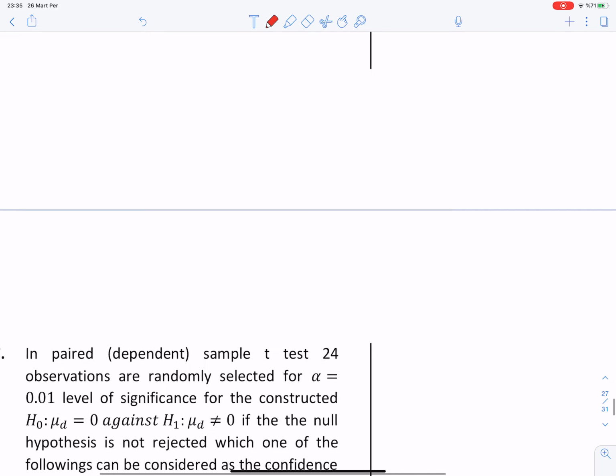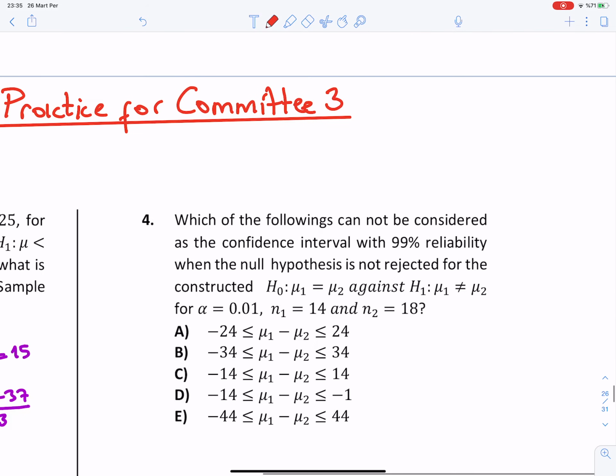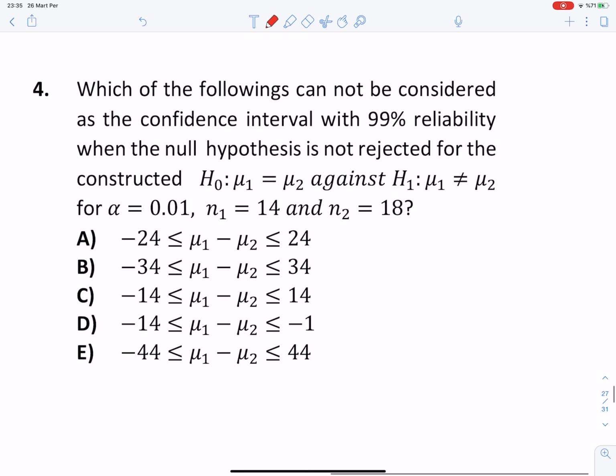Shouldn't take you much time. So question 3 and question 4 on the right side. Which of the following cannot be considered as the confidence interval with 99% reliability when the null hypothesis is not rejected for the constructed H0: mu1 equals mu2 against the alternative mu1 is not equal to mu2, for alpha equals 0.01, and the sample size from the first sample is 14 and the second sample size is 18.